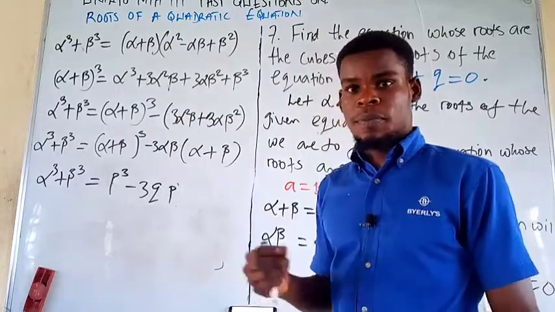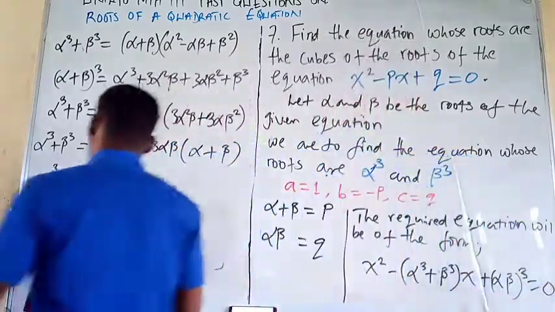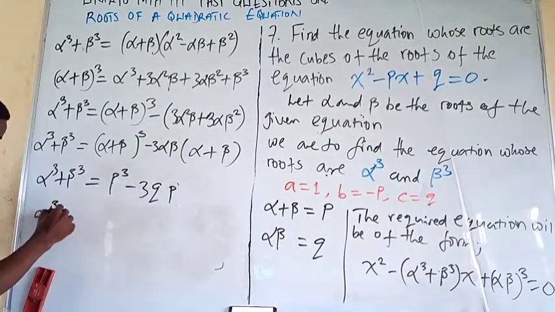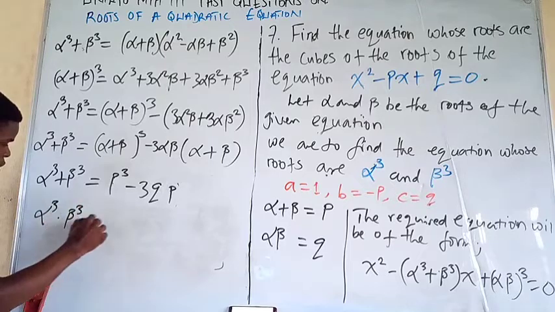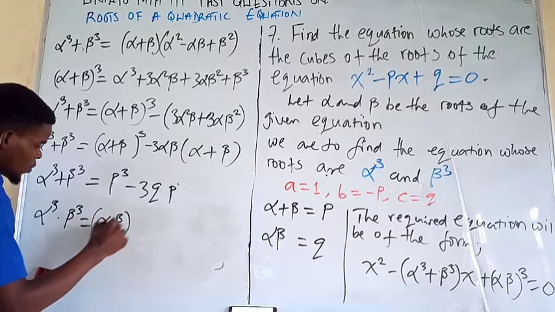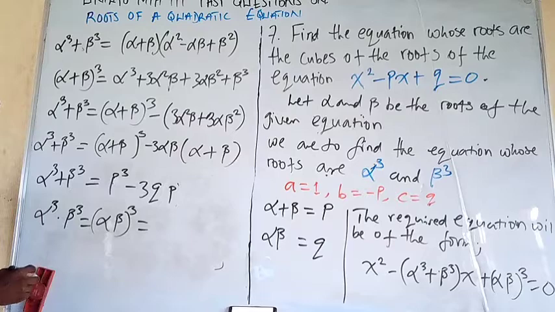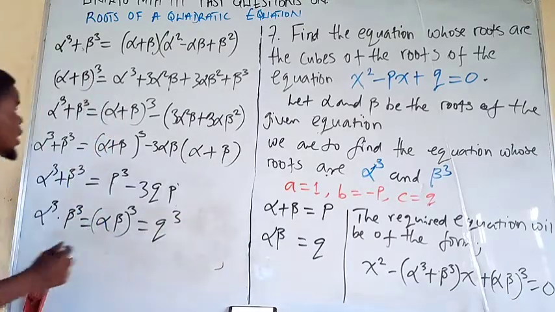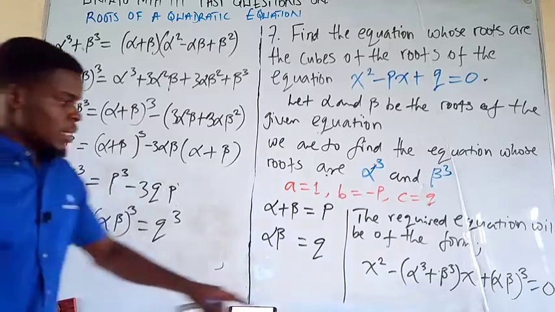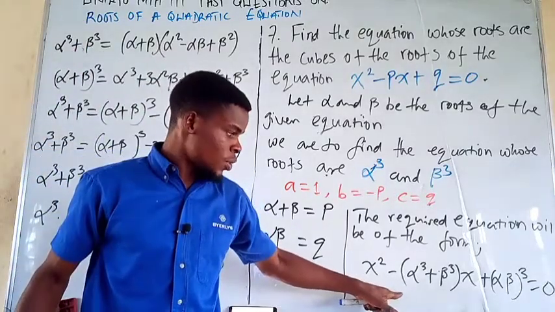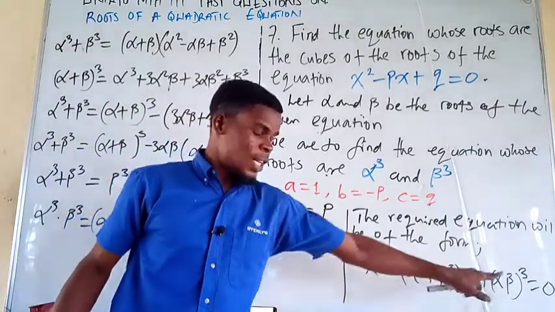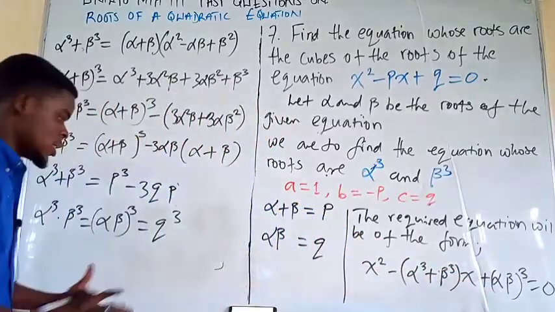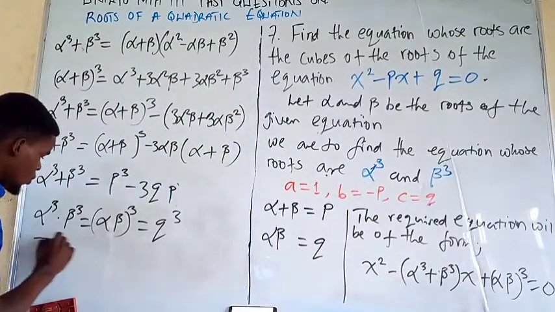That's just for the sum. The product is not going to take that much work. The product will just be alpha cubed times beta cubed, which is alpha beta all cubed. And alpha times beta is just Q, so you just cube that. Knowing that this is the general form of the equation, with their sum and their product, I will use this part of the board to put that down.